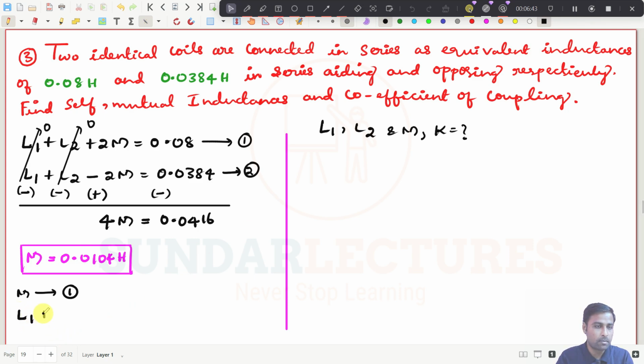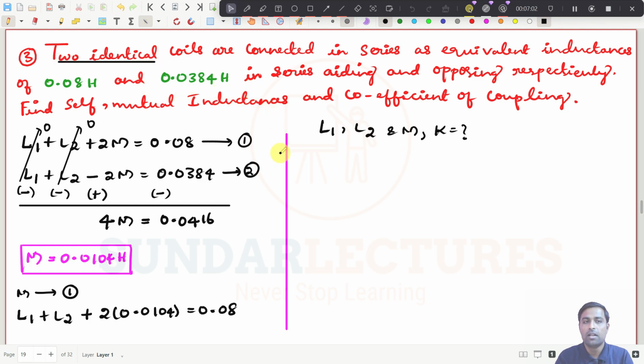L1 plus L2 plus 2 into 0.0104, which is equal to 0.08. Try to understand the condition they have given you. It is two identical coils. Two identical coils means the value of L1 will be equal to L2, equal to L. Try to understand, right?